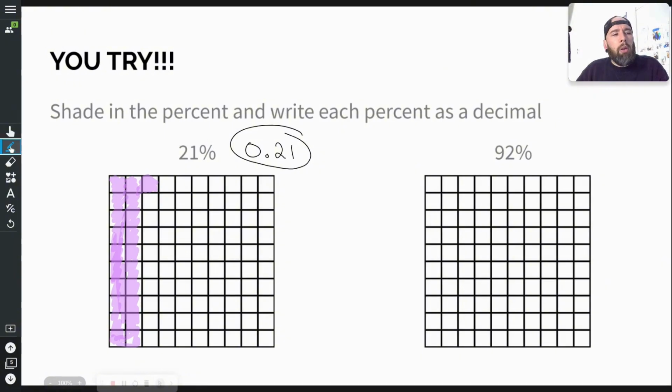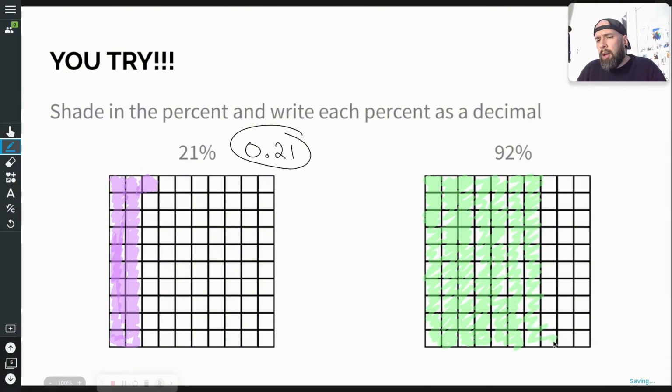Now I have to shade 92 of them. Great, good job by me. Let's do green, my favorite color. Here's 10, 20. If you haven't already subscribed to the channel, here's 30%. 40%. 50%. 60%. 70%.